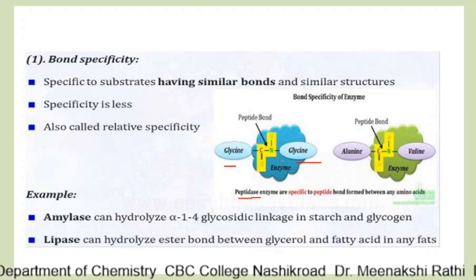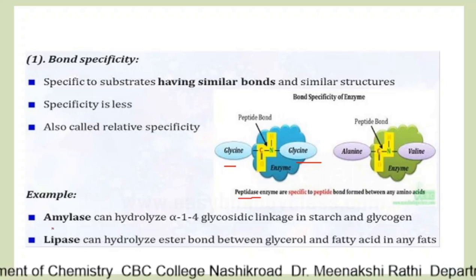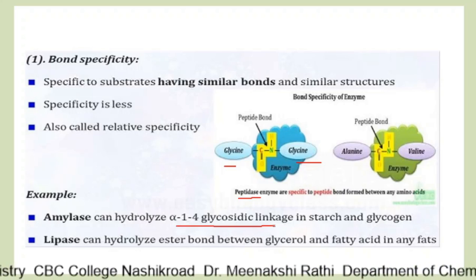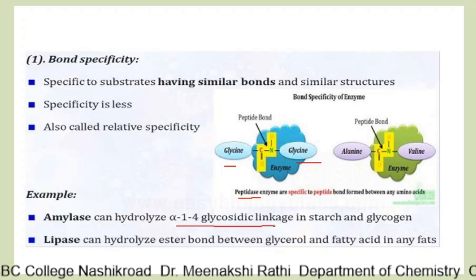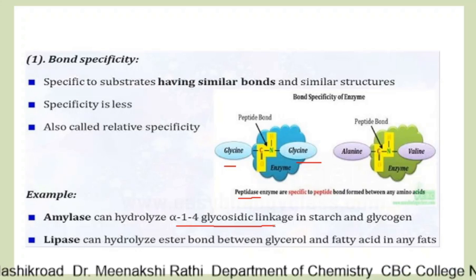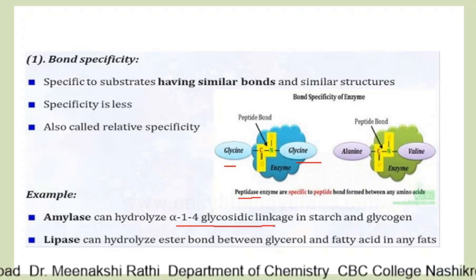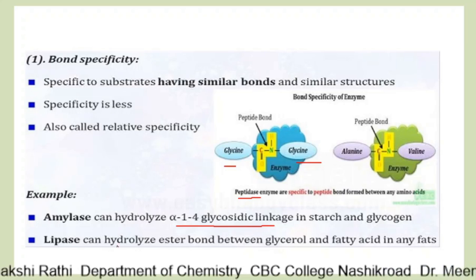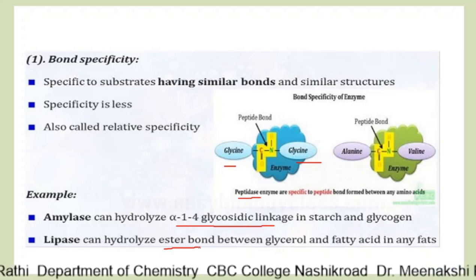Another example is amylase. Amylase can catalyze only the alpha 1,4 glycosidic linkage. That means it is related to only the alpha bond. It cannot catalyze the beta 1,4 glycosidic linkage. Lipase, this enzyme, can hydrolyze only the ester bond.